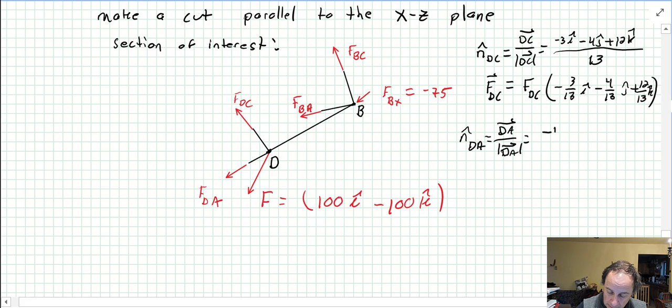That's just a minus 4j over 4. So that's just a minus j. So the force DA is minus the magnitude FDA j.